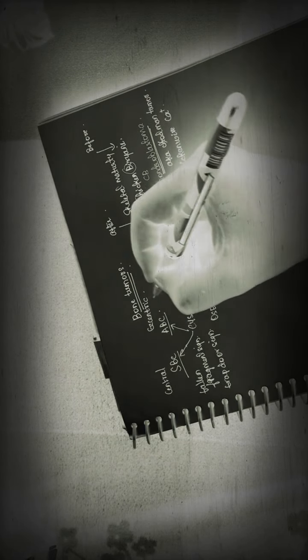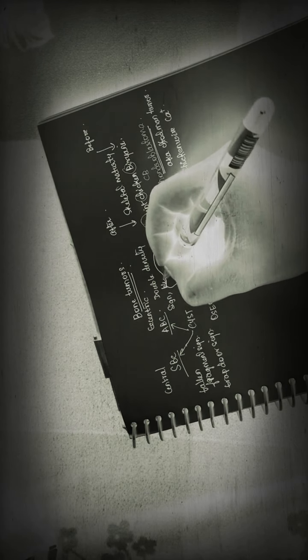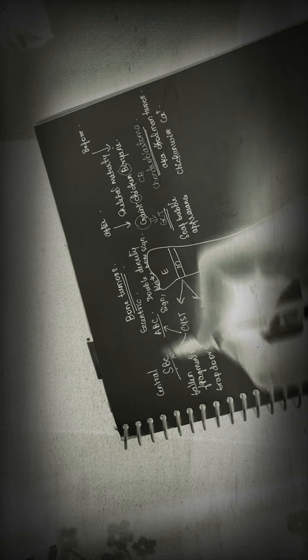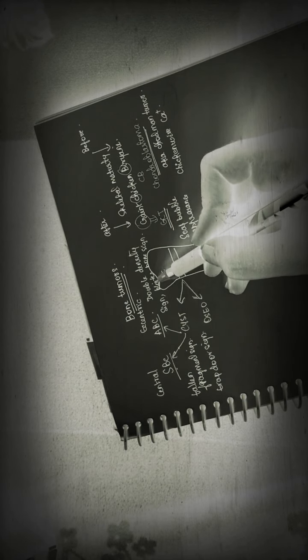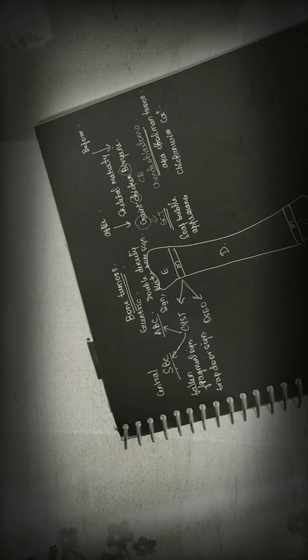Coming to ABC, it has double density sign, blister bone sign, etc. SBC is a central lesion, whereas ABC is an eccentric lesion. SBC has signs like fallen fragments and trapdoor sign. ABC has double density and blister bone signs like that.